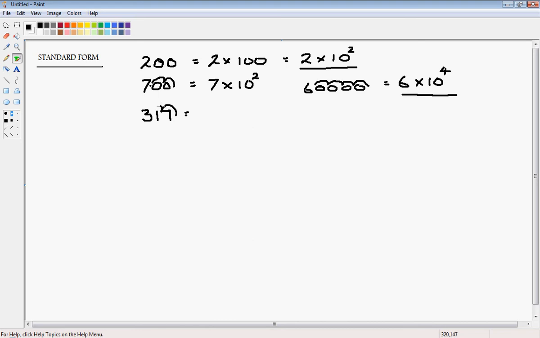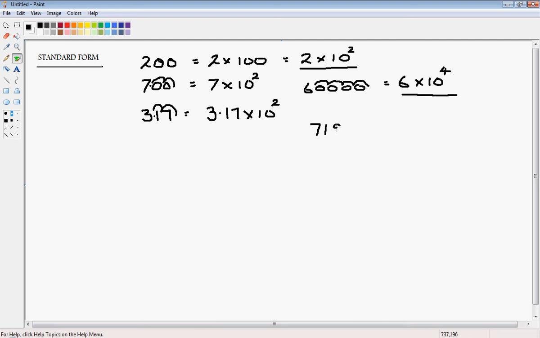So for me to only have one digit, my decimal point would have to move twice here to give me 3.17. So I would have 3.17 multiplied by 10 to the power, and it's just the number of times the decimal point is moved. So this would be 2. Okay, it really is that simple.